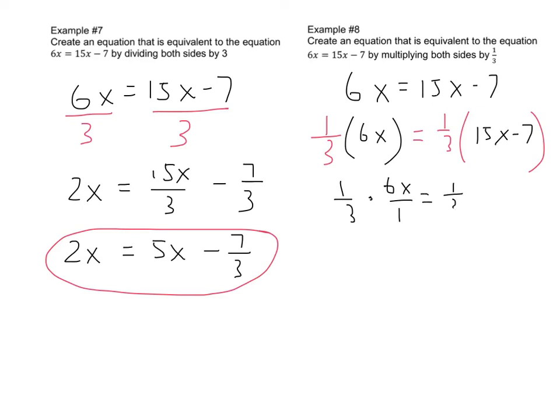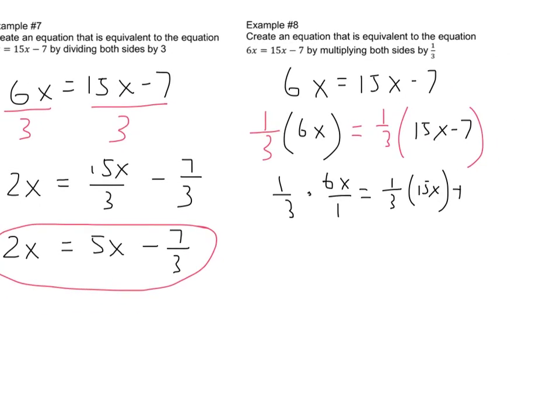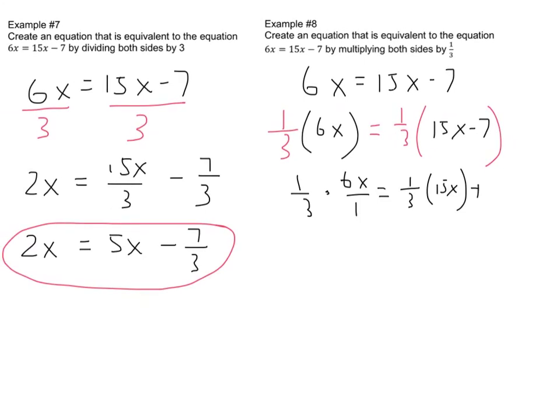This is going to be 1/3 times 15x plus 1/3 times negative 7. And we can, of course, write 15x as 15x over 1, and we can write negative 7 as negative 7 over 1. Let's see what we get.